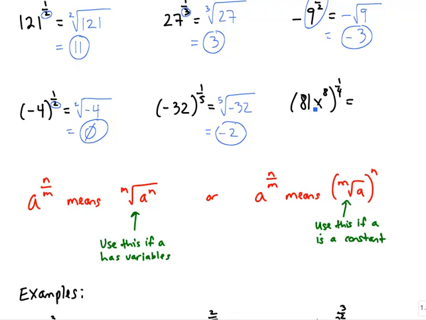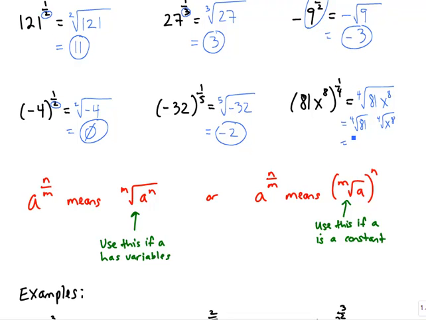In the last example here, we have 81x to the 8th, all raised to the 1/4 power. So a 1/4 power is a radical, and because the denominator is 4, we want a 4th root. Underneath, we want 81x to the 8th. And in order to simplify this, we could break it up and do the 4th root of 81 times the 4th root of x to the 8th, and simplify each of those.